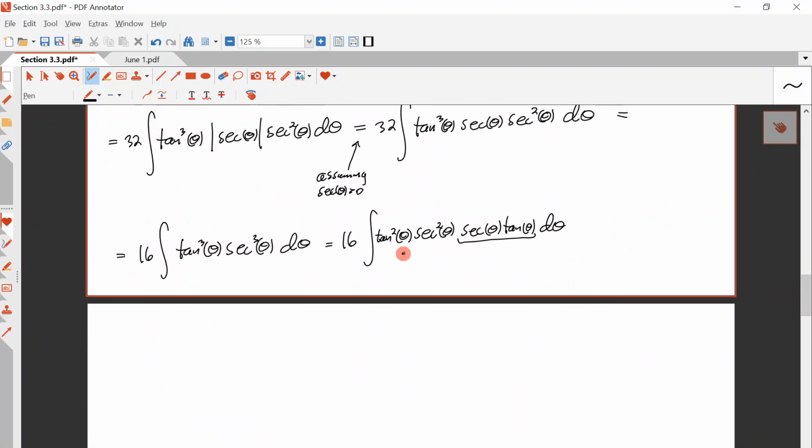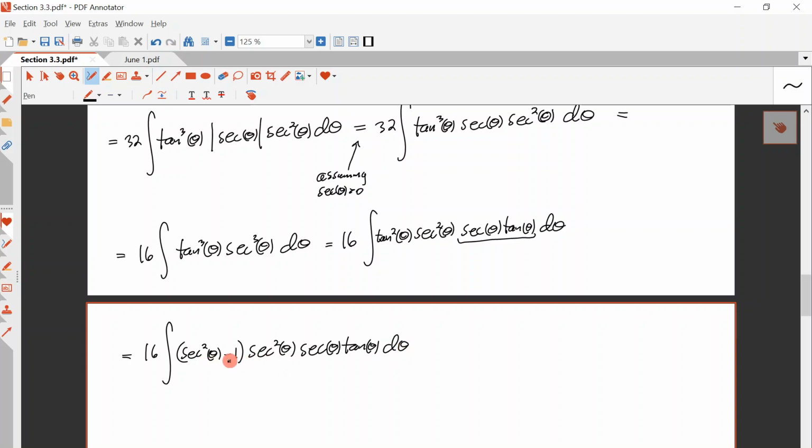Okay? And we still got my secant squared here. And then this is secant theta tangent theta d theta.